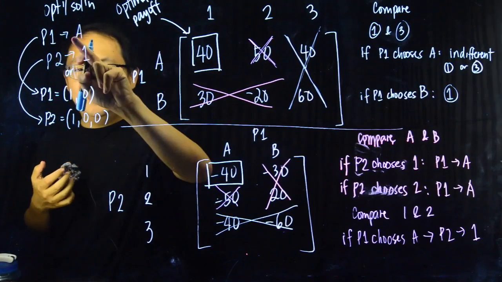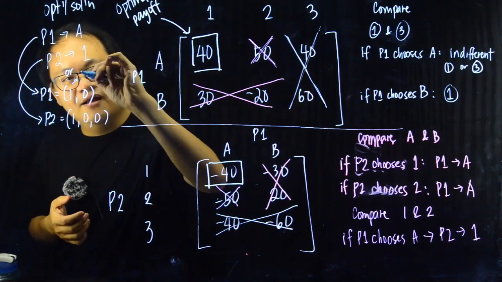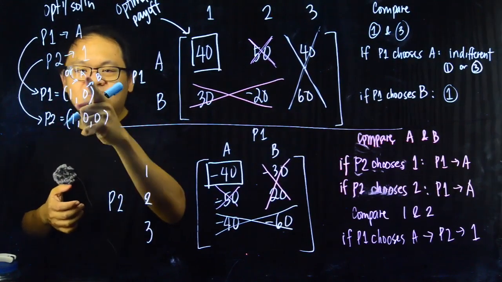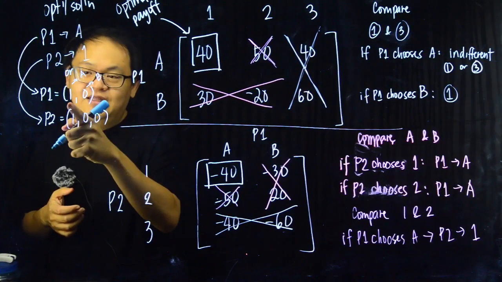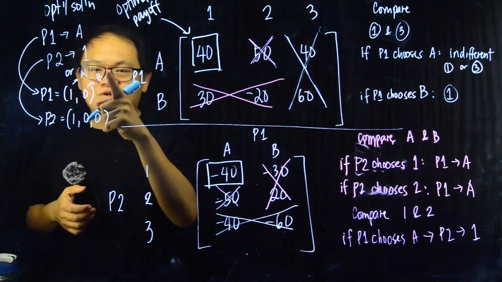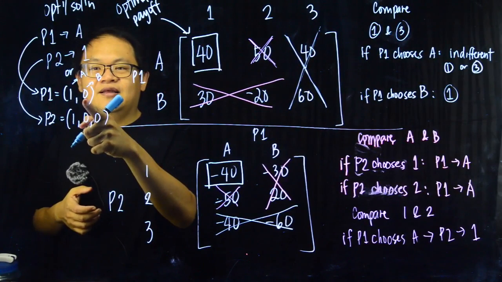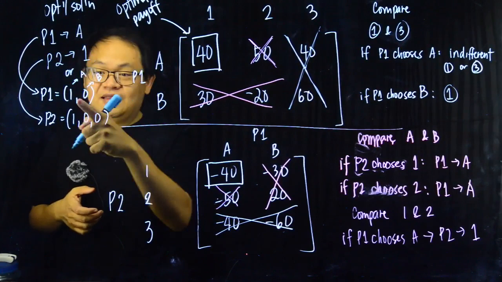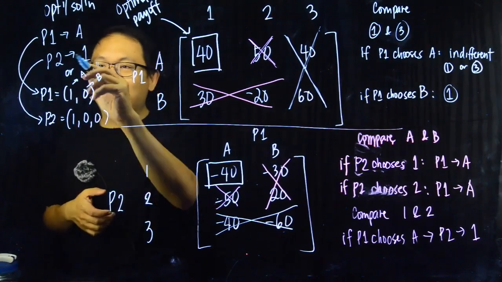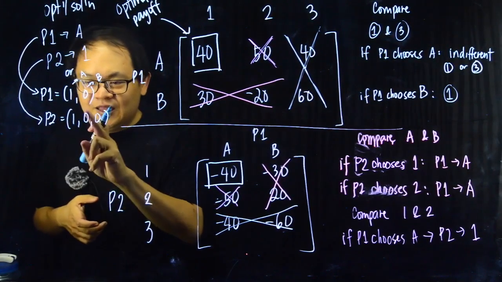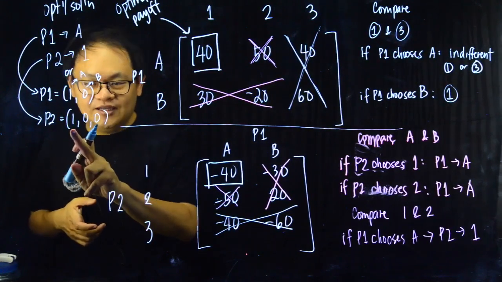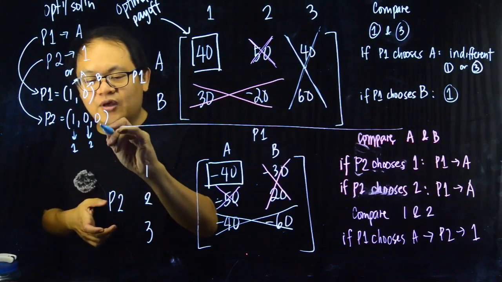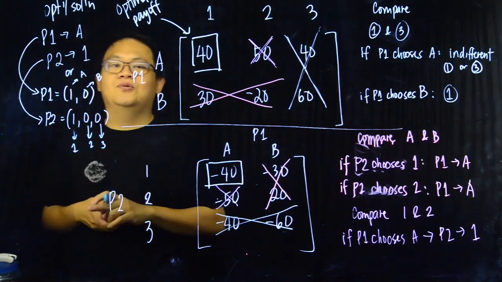Player 1 choosing A means the probability that player 1 will choose A is 100% or 1, and the probability that player 1 will choose B is 0%. So, saying that the optimal solution is player 1 choosing A mathematically looks like this. In the same way, player 2 choosing 1 means the probability of doing strategy 1 is 1, and doing strategies 2 and 3 are 0. Okay?